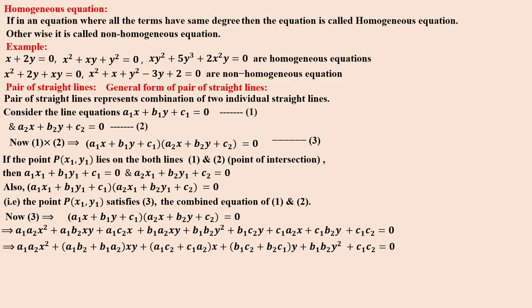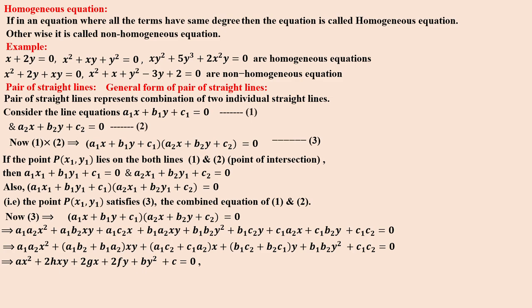First write the x square term, a1 a2 x square, then the xy term. There are two terms, a1 b2 plus b1 a2 into xy, common. Then the x term, a1 c2 plus c1 a2, two terms into x. Similarly, there are two y terms, b1 c2 plus b2 c1 into y. Then the y square term, b1 b2 y square plus c1 c2 equal to 0.